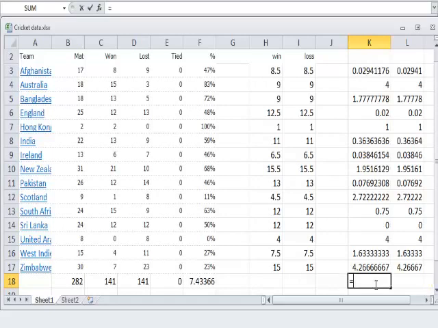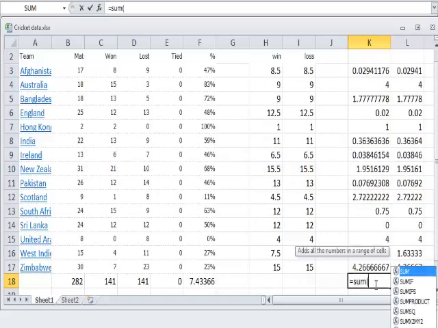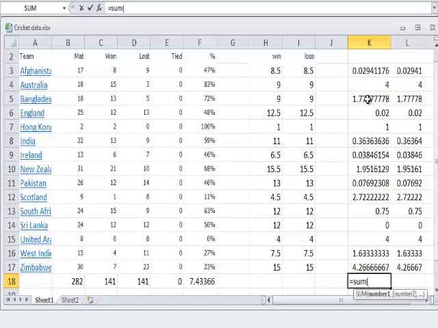So I just want the sum of all of these to get my chi-square. Sum from K3 to L17. And what's this? 45. So it's a big number.